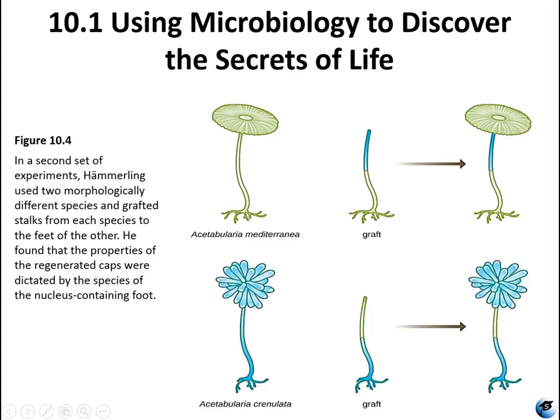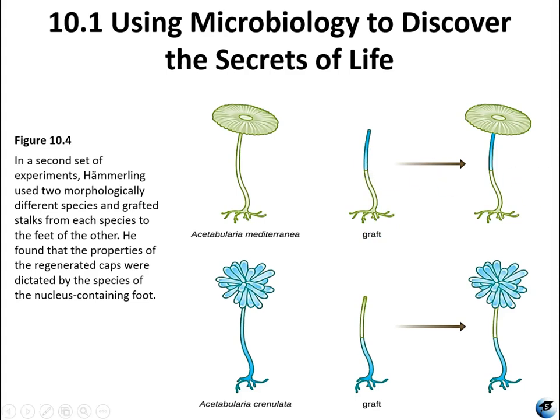So that's how he determined that the hereditary information, what we now know as the nucleus, was actually in the foot of these organisms. And then in a second set of experiments, he would take an intact organism and cut off the cap, and then take another species or similar species that had a different phenotype and graft it onto the foot.